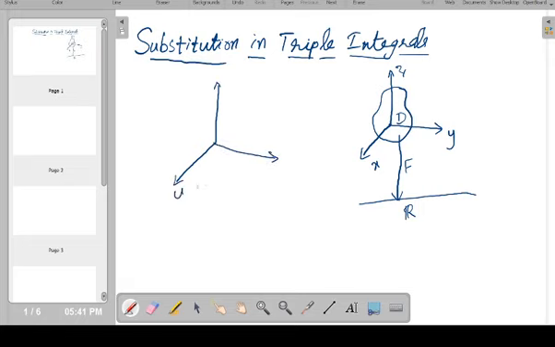So this is the U axis, V axis, W axis, and suppose the corresponding domain D is transformed to this region called G in the UVW space.